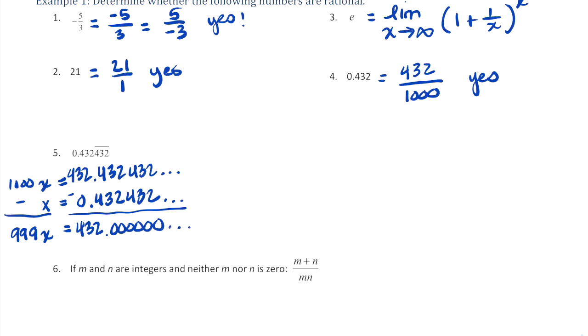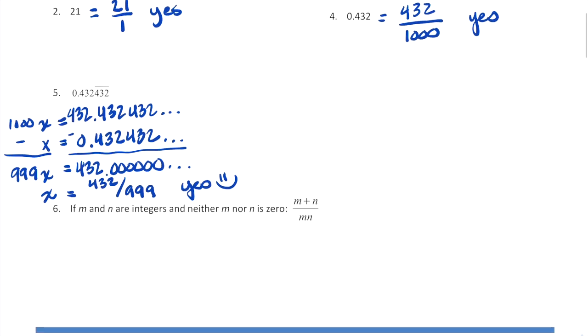And then isolating x, we would get 432 over 999, which is of integer over integer form, right? So this actually is a rational number. Pretty awesome, huh? You can also find these using geometric series. And that's how you would do this in calculus too.